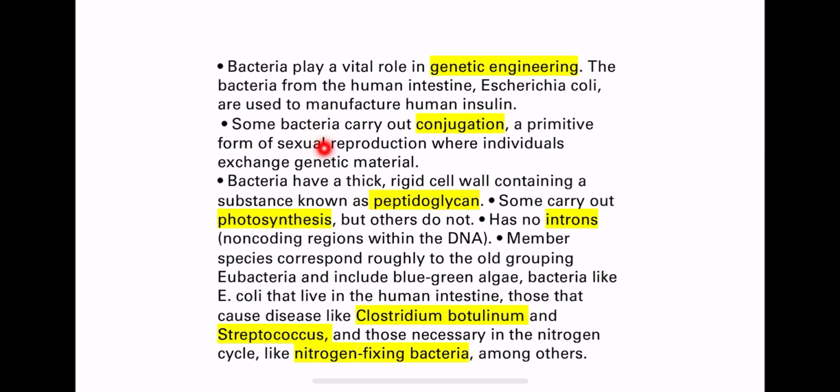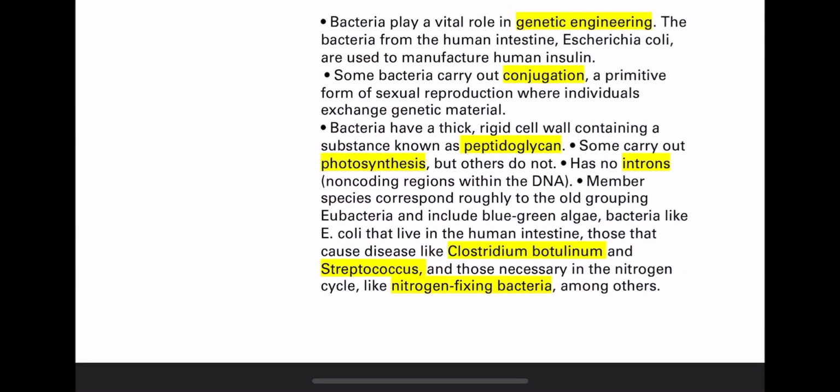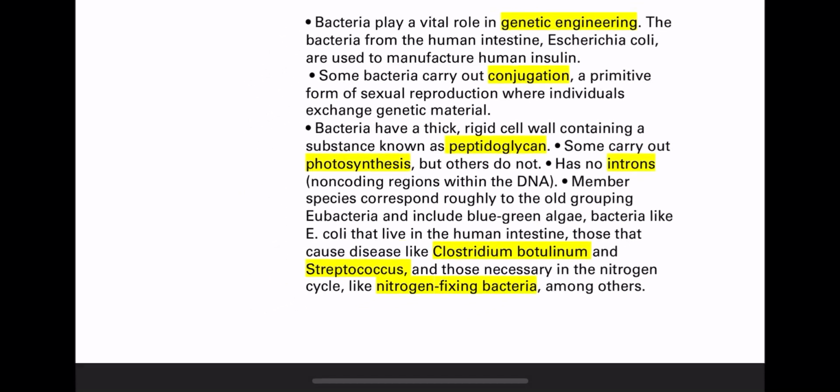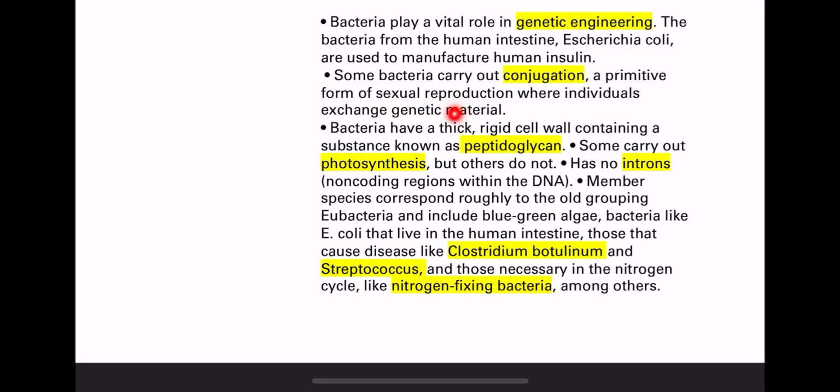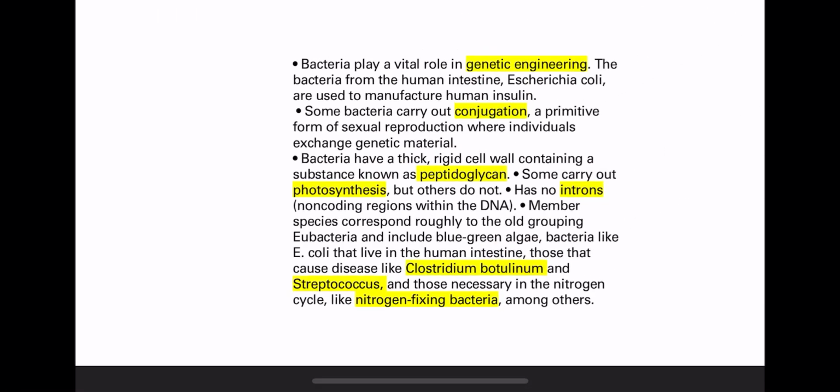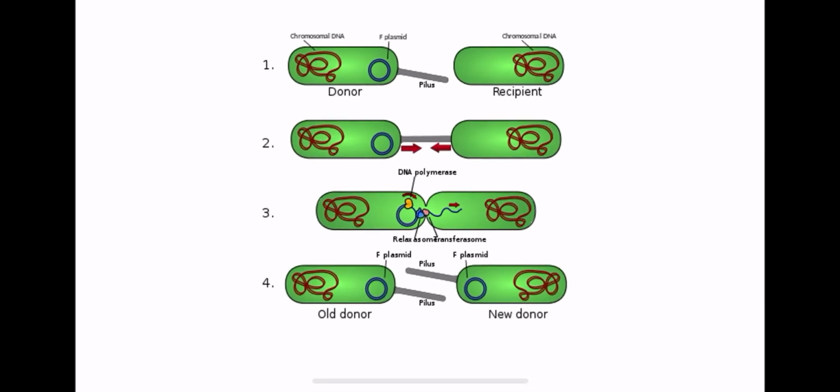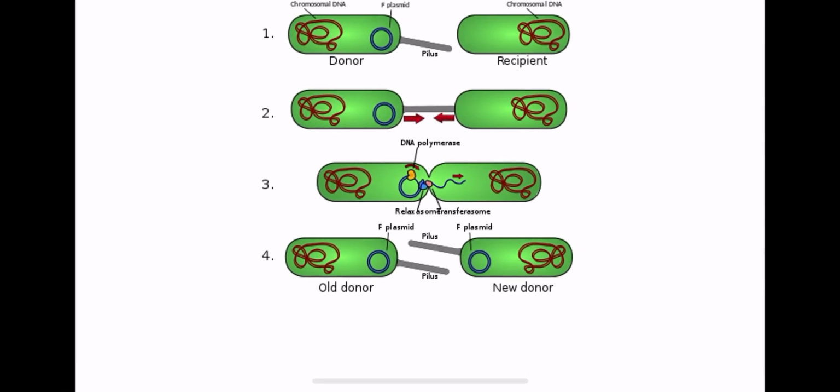Some bacteria carry out conjugation. What's the meaning of conjugation? Conjugation is a primitive form of sexual reproduction. Actually, bacteria reproduce asexually, while they use conjugation to make genetic variation. Let's remember together what conjugation is. Here are two bacteria.